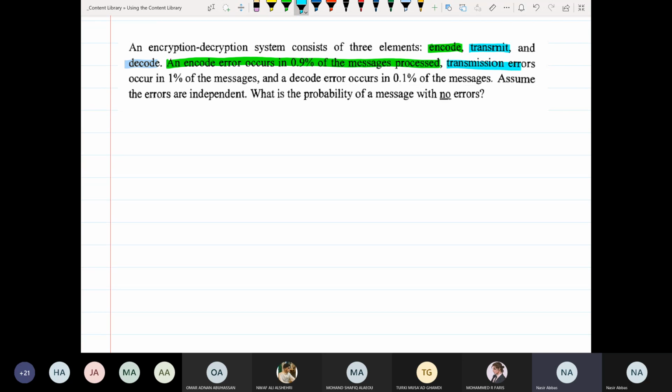Transmission errors occur in 1% of the messages, and decode errors occur in 0.1% of the messages. Assume that the errors are independent. What is the probability of a message with no error?